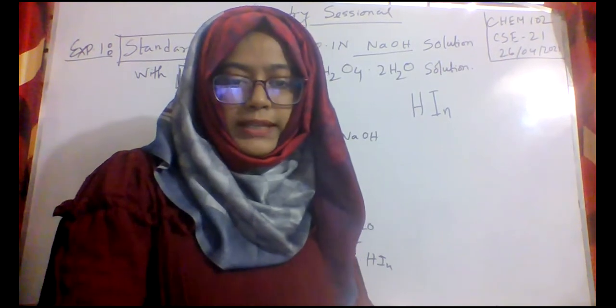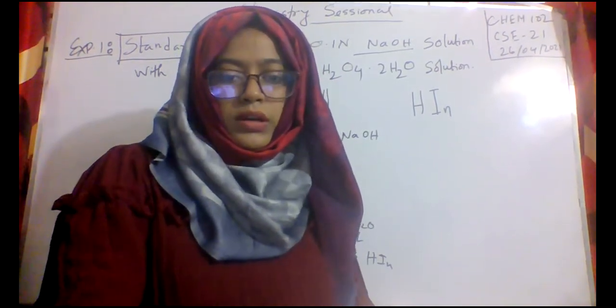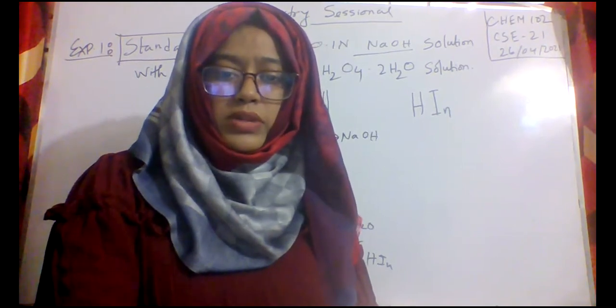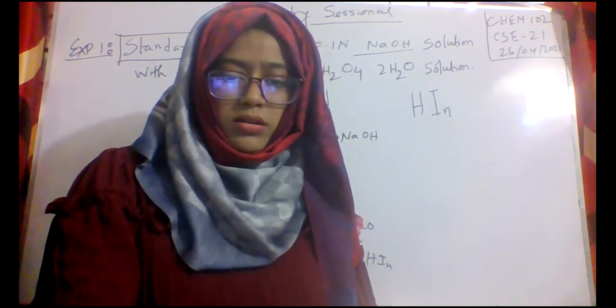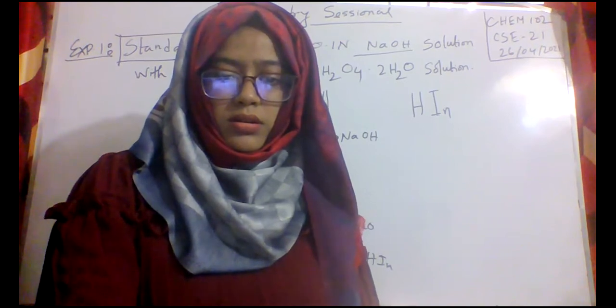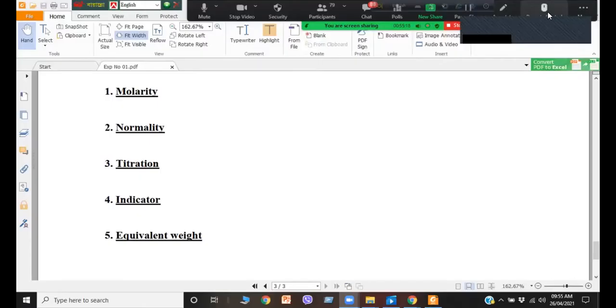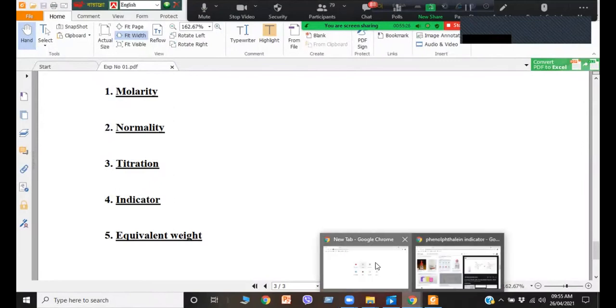Ma'am, could you provide the classroom code? You can ask your CR to provide you. CR, are you there? Yes, ma'am. Can you provide the Google Classroom code to your classmate? Yes, the Google Classroom code is already provided in the group. I will circulate it again.